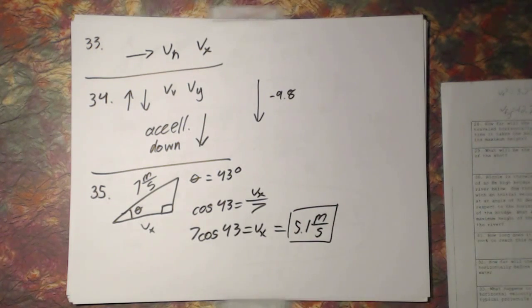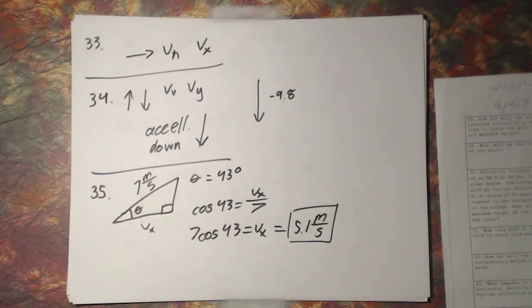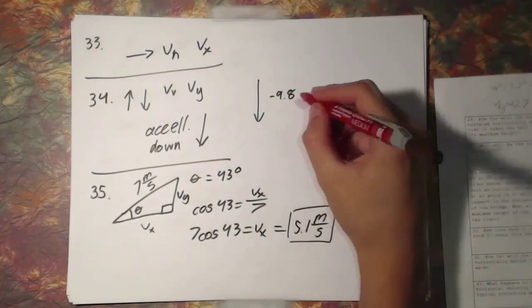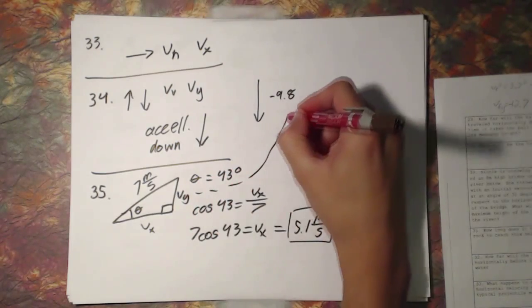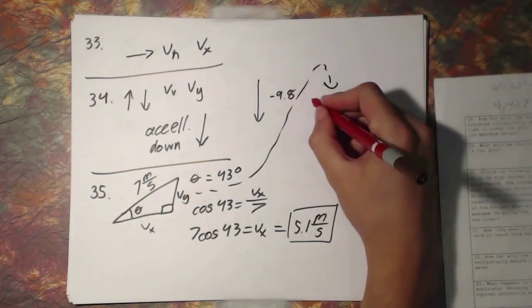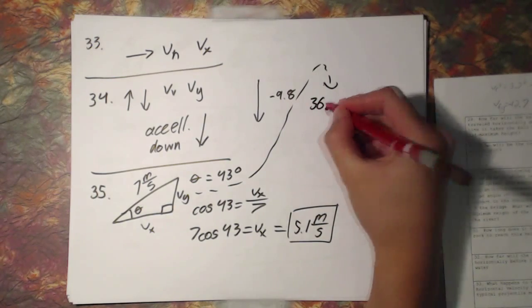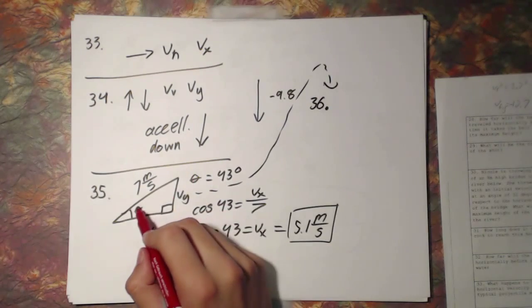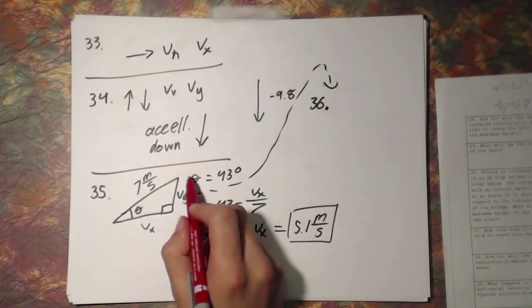And then the next question says, what is the initial vertical velocity component of a projectile shot at an angle of 43 degrees with an initial velocity of 7 meters per second? So basically it's just asking for the Vy in this same problem. Question 36, last question. What trig function relates the angle, the opposite side, and the hypotenuse?